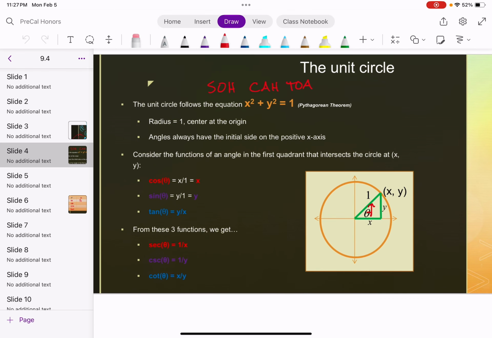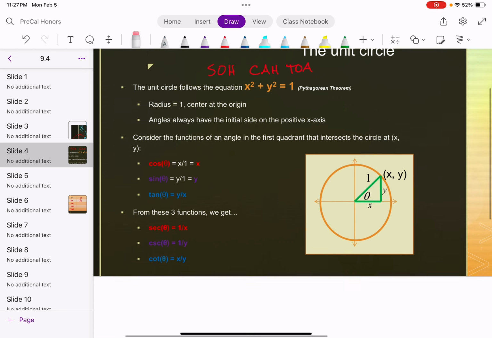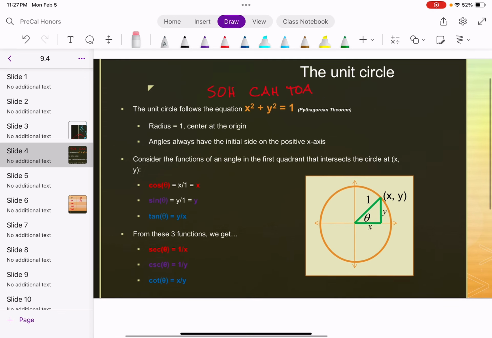With slide 4, what we end up doing here is taking a look at the equation that basically helps the entire unit circle to function, which is x squared plus y squared is equal to 1. Now your hypotenuse will always be equal to 1.